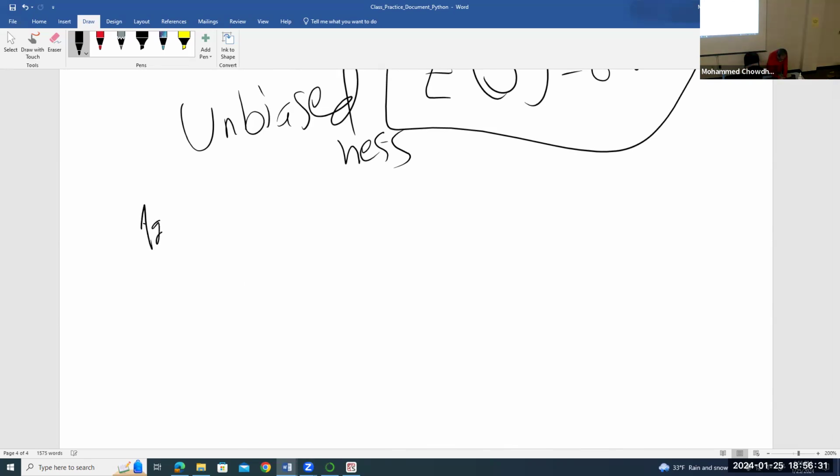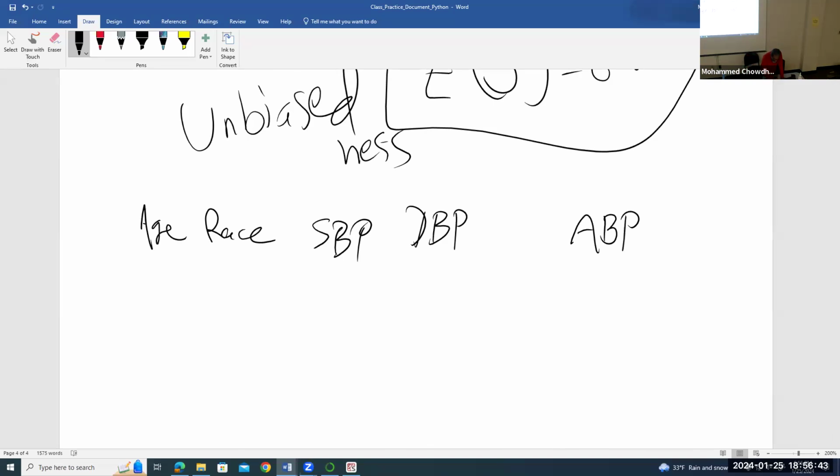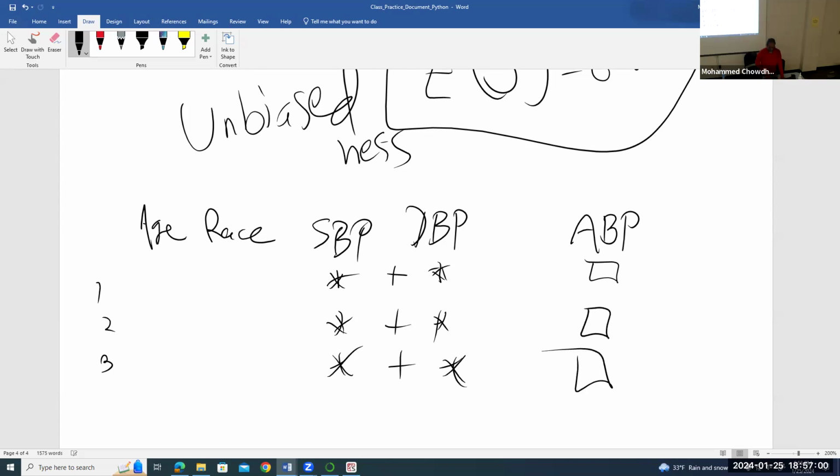It starts with age, race, SBP, DBP, and I want to find the ABP, average blood pressure, by averaging these two. This plus that. This is the first person, this is the second person, this is the third person. This plus that. I want to find a variable in here.